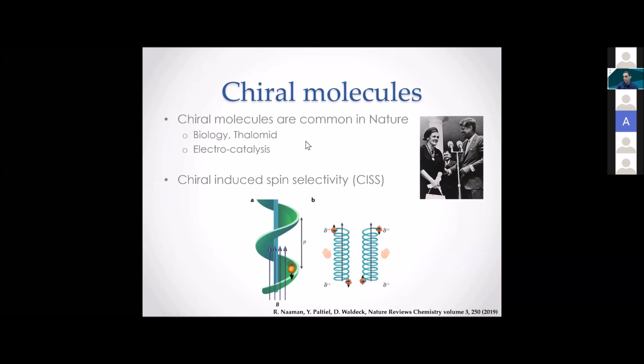I'm guessing that most of you are familiar with chirality in nature, and specifically chiral molecules that are quite common and are encountered ubiquitously in chemistry and biology.